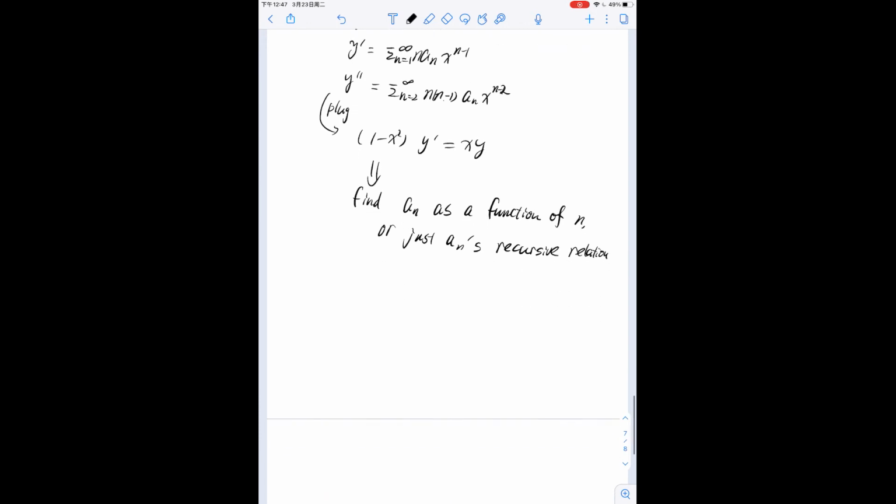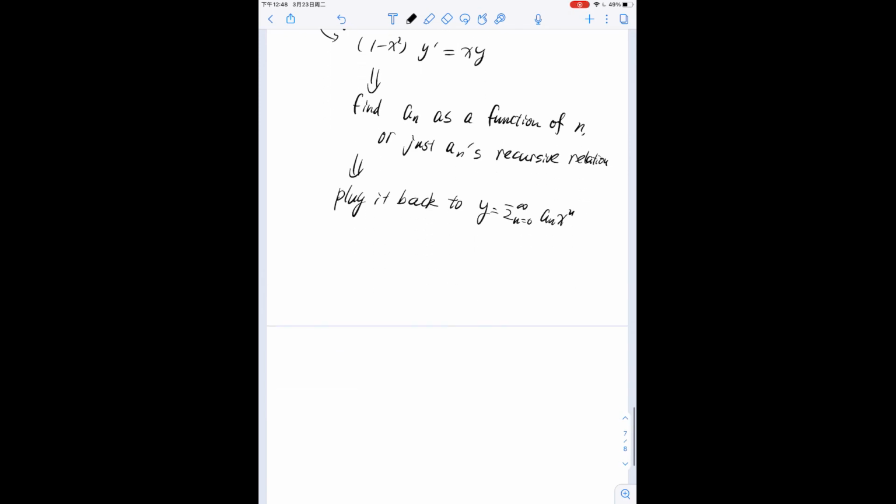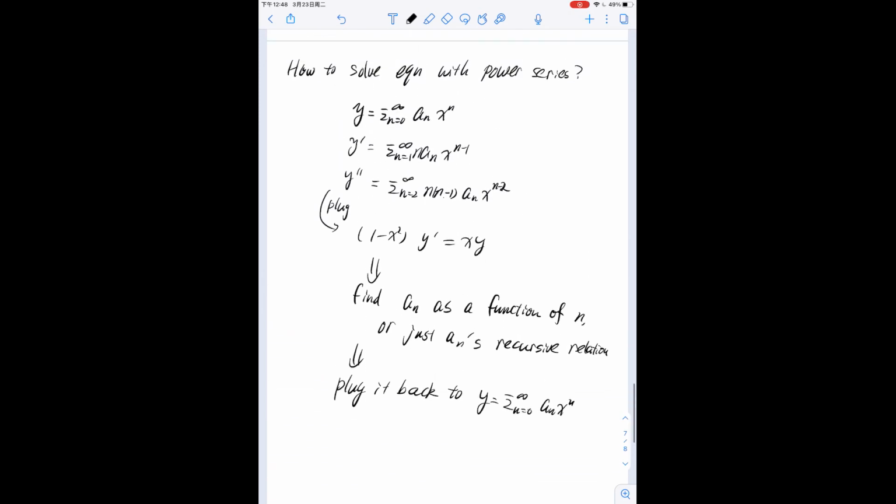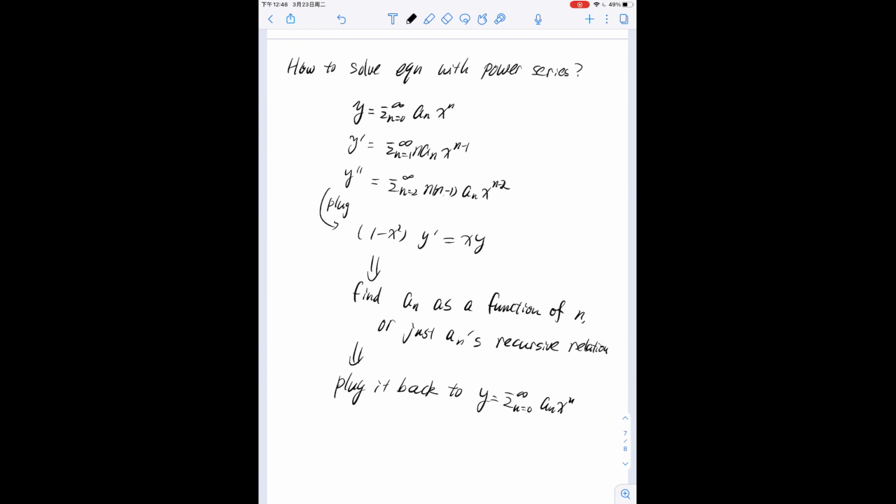And then lastly, we plug it back into y equals the summation from 0 to infinity of an times x to the power of n. So this is the outline of how we use power series in the scenario of solving an equation.